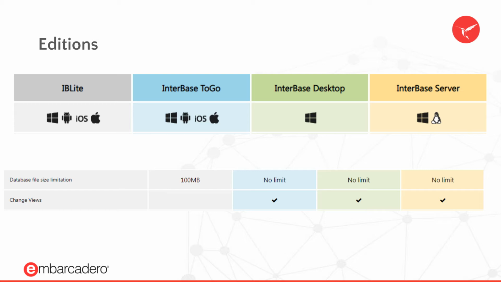If you have multiple users and devices that need to connect to the same data, then InterBase Server is the best choice for your architecture. The server runs on both Windows and Linux, giving you the flexibility of connecting multiple different types of devices to the same database.